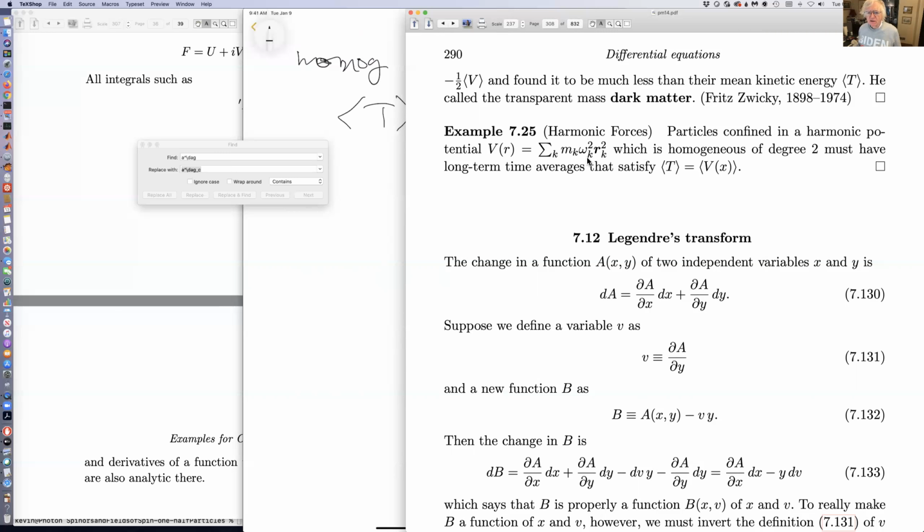Anyway, harmonic forces. Well, a harmonic potential, so let me switch colors maybe.